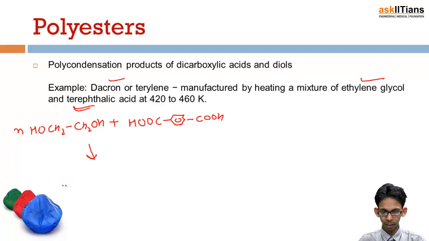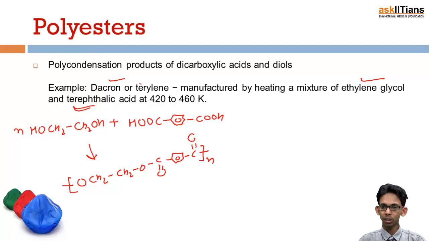On heating we get O, CH2, CH2, O, C, CO, then a benzene ring, CO, and this is Dacron, a polyester.